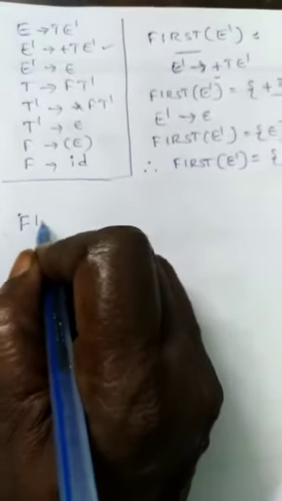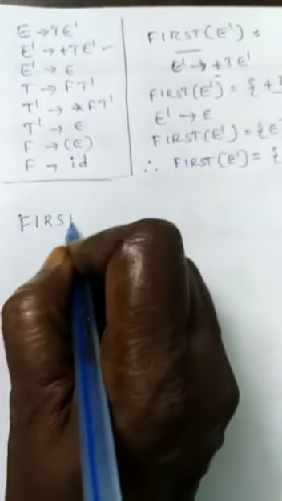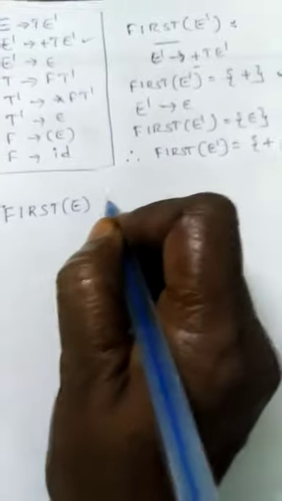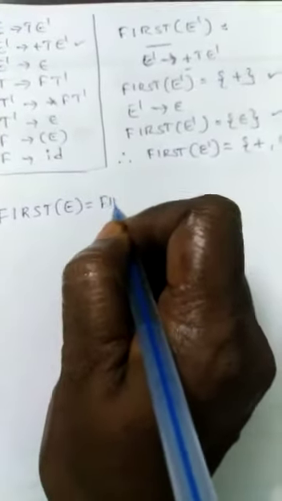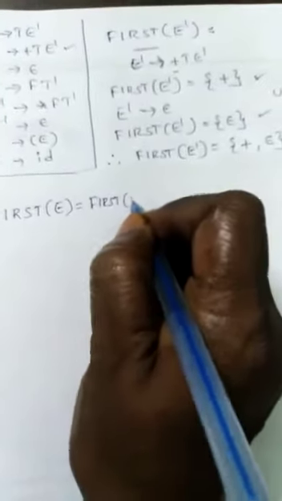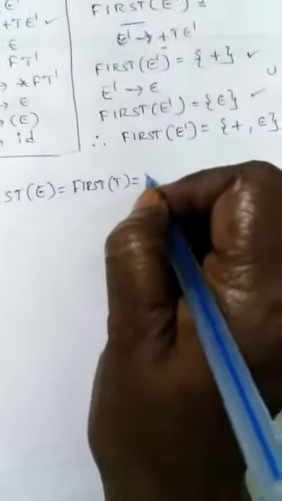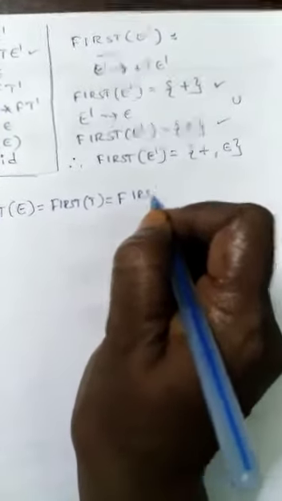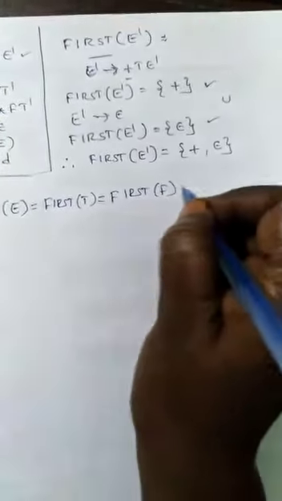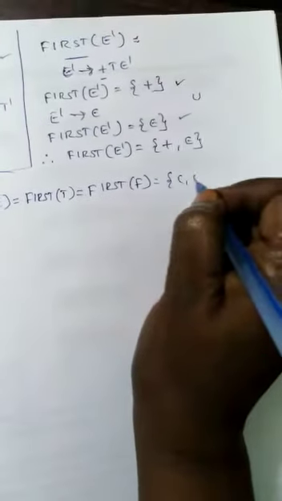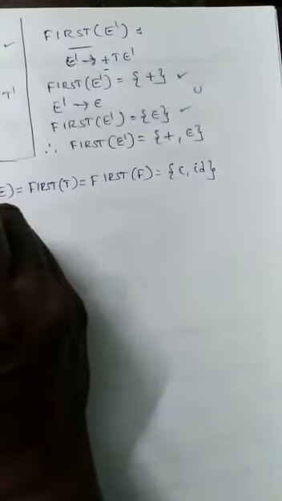In the previous video you saw first of E equal to first of T equal to first of F equal to open parenthesis and ID. How it comes, we already discussed.